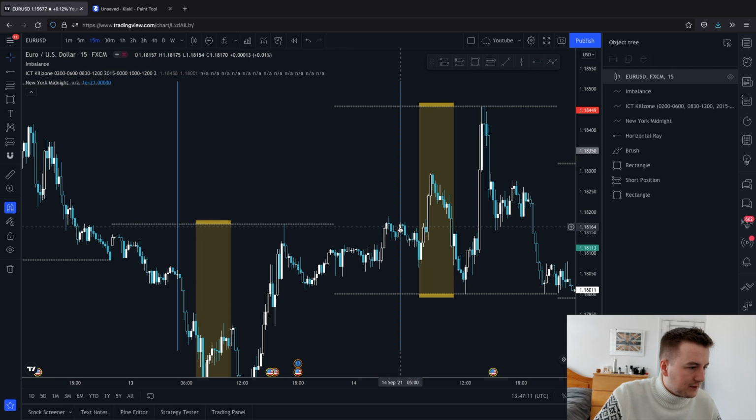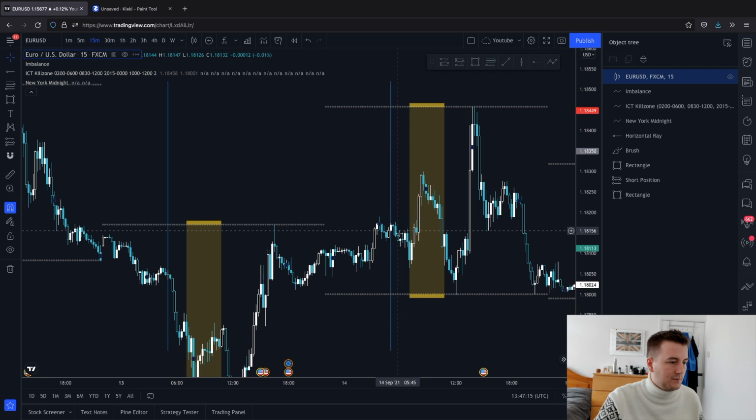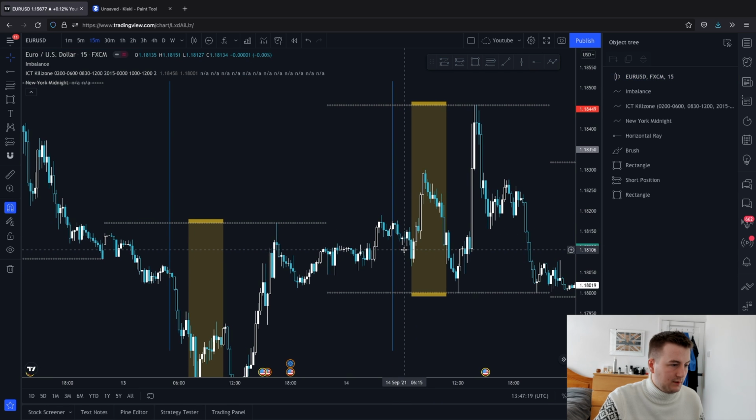What do we see? Price opens at 12 AM, pushes down, and then pushes back up. We do have an imbalance right here.